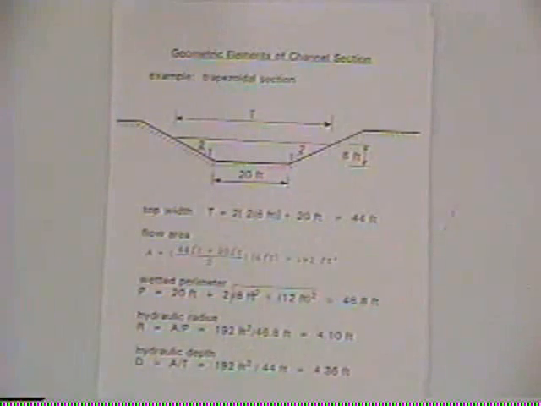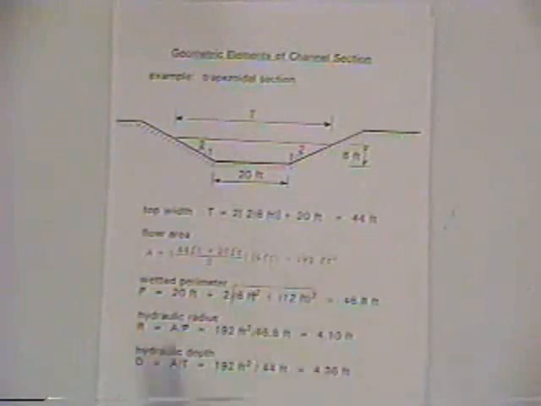Now, a lot of using Manning's equation is just a matter of geometry. And you have some problems in your manual that deal with the geometry of applying Manning's equation. And let's use this geometry as an example. You'd rather have a rectangle, but a trapezoid you can work with easily too.